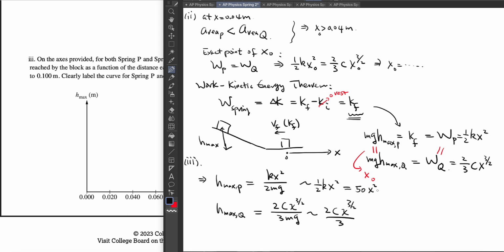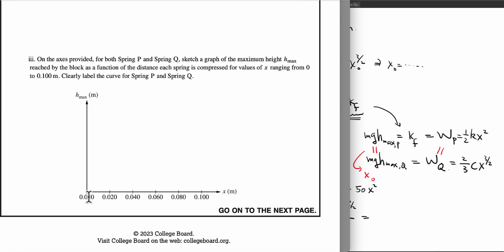For the other one, it's harder to draw, but one thing you can do is plug in given values, let's say x equals 0, 0.02, 0.04, etc. You figure out these several points, draw those dots first, and then connect them.